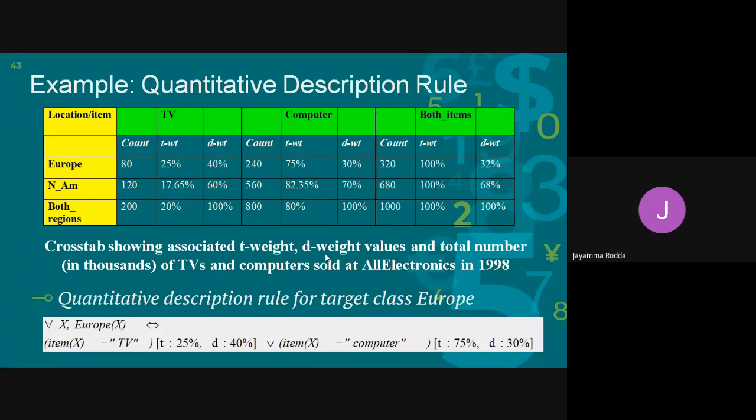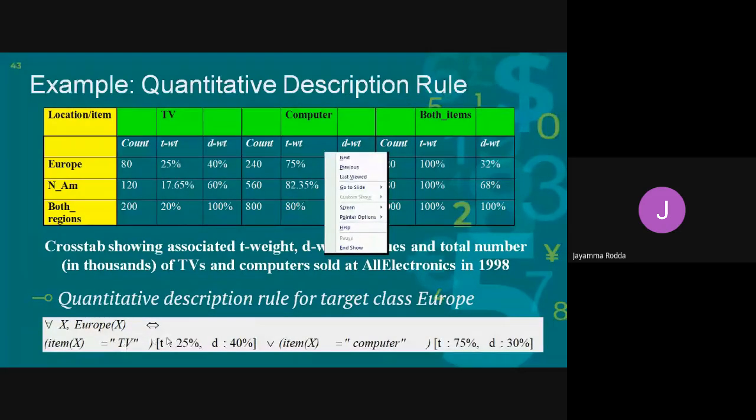So an example rule is given here, a quantitative description rule for the target class. The example rule is that for the Europe target class, in the given relation, we are going to retrieve the data for Europe. In the country Europe, what is the item we are selecting? TV we are selecting.